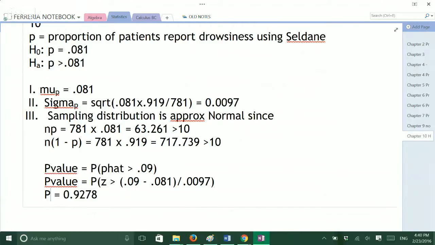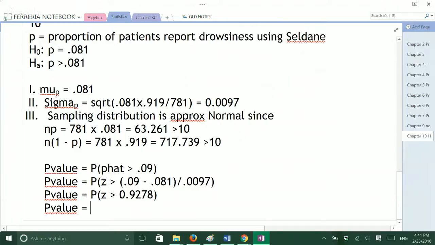The p-value equals the probability that z is greater than this number here. And calculate that.